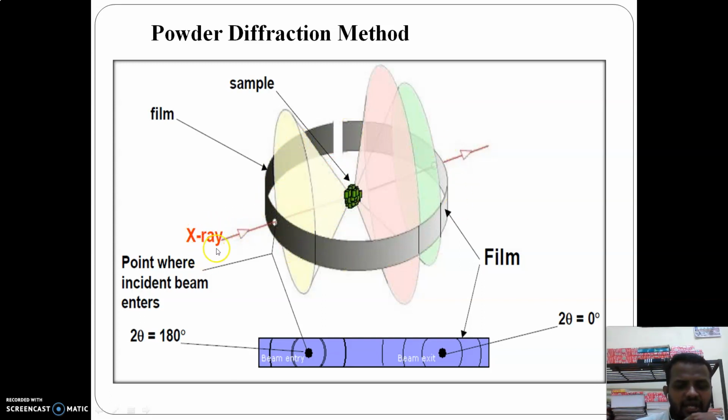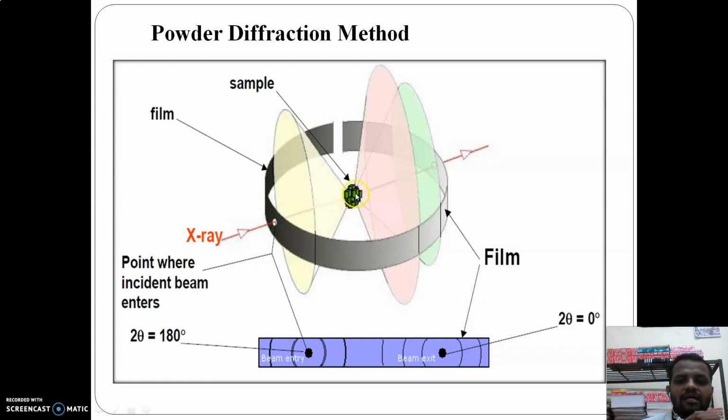The first character, X-ray: we are going to study X-ray with respect to its wavelength. In this case, again the monochromatic ray is used. That means a monochromator will be used in the powder diffraction method. So the wavelength will be kept constant to study Bragg's law.